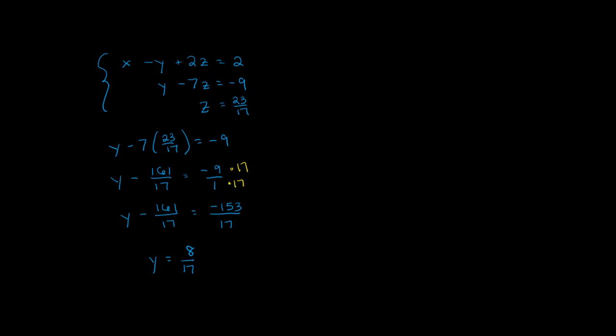Now that I have y, I need to plug y and z back into our first equation so that way we can solve for x. So we've got x minus 8 over 17 plus 2 times 23 over 17 equals 2 over 1. And I know I'm going to have to get a denominator of 17 here, so I might as well do that now.